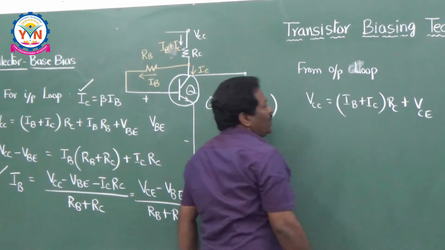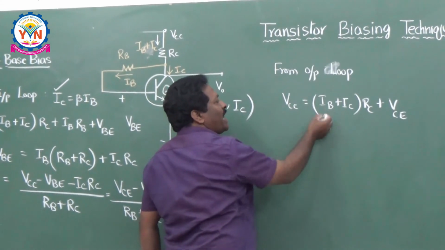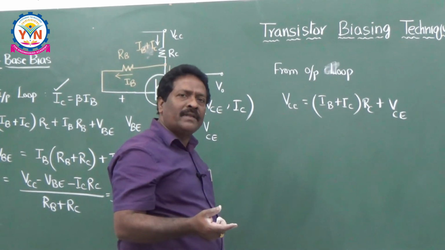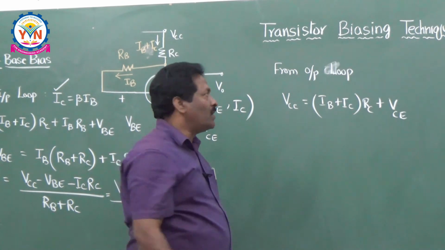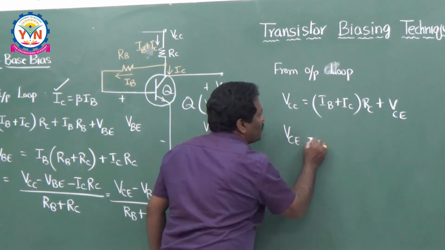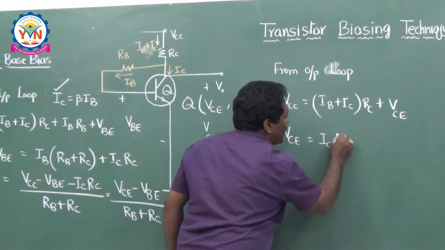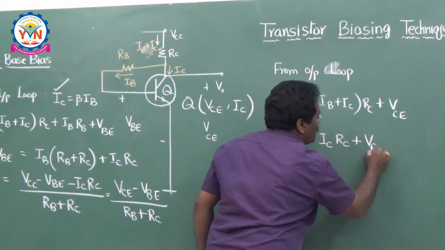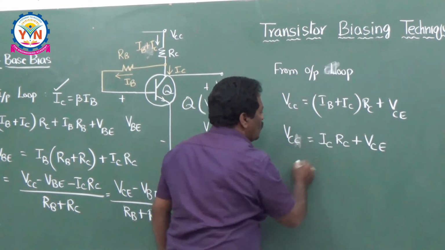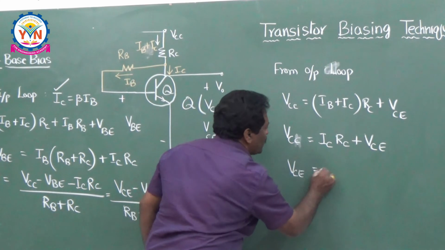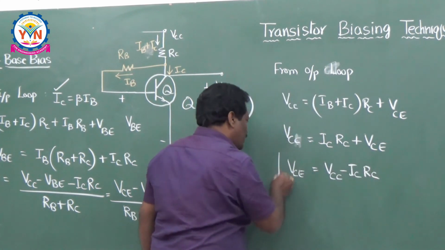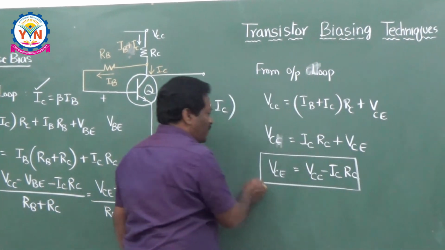If you compare IB and IC, IB is in terms of microamperes and IC is in terms of milliamperes. IB is very much less than IC, so you can neglect it. So VCE is equal to VCC minus IC RC. This is the way of calculating your VCE.